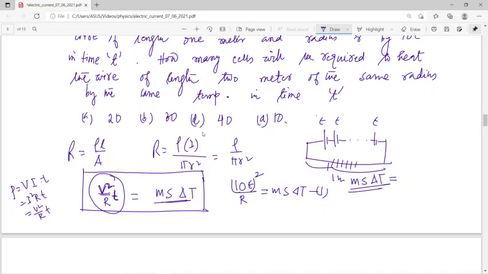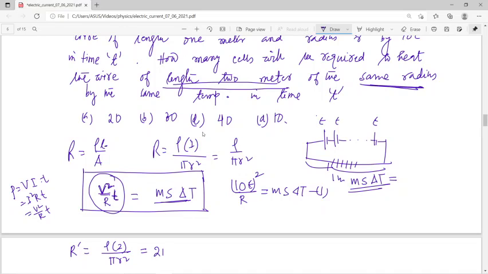And in the second case, you just see that the length is 2 meter, and of the same radius. That means of course the resistance R prime is rho into 2 l upon pi r square, only the length part will be changed.